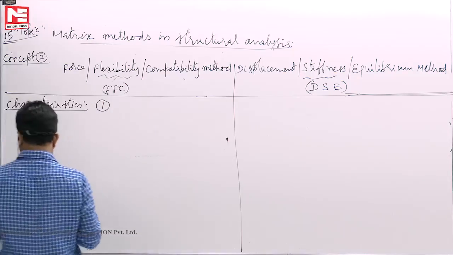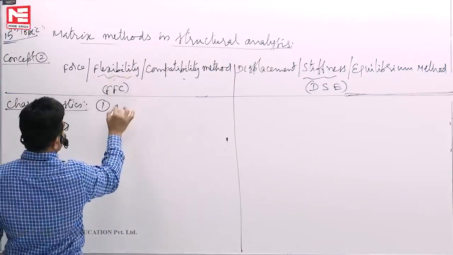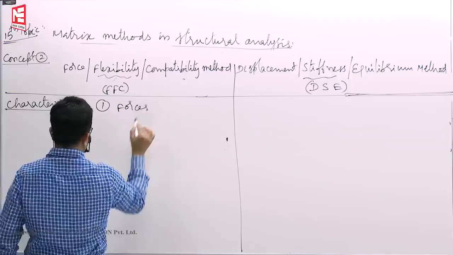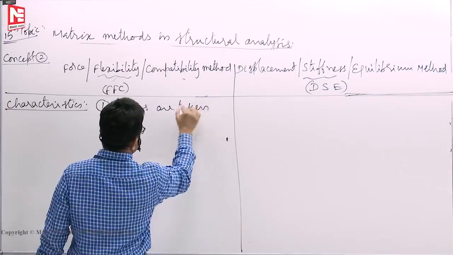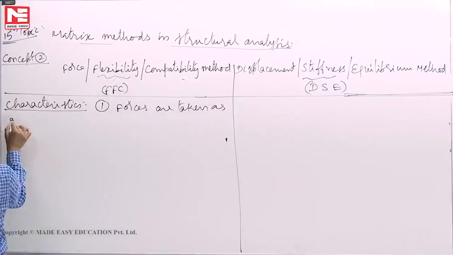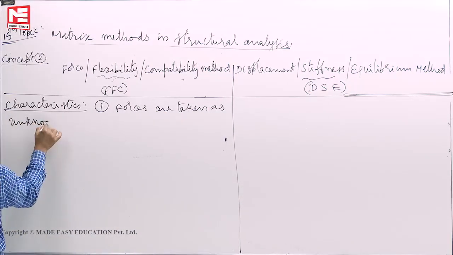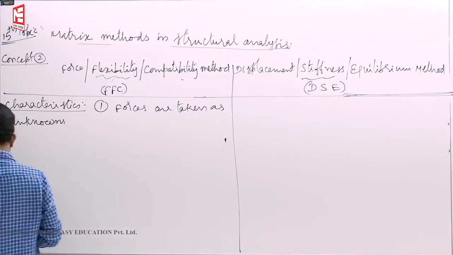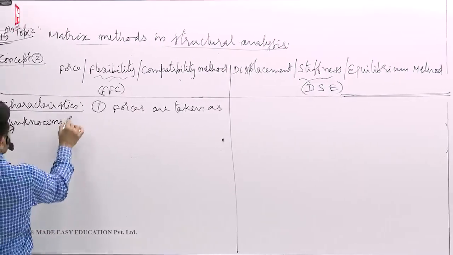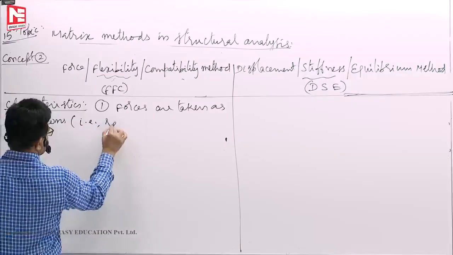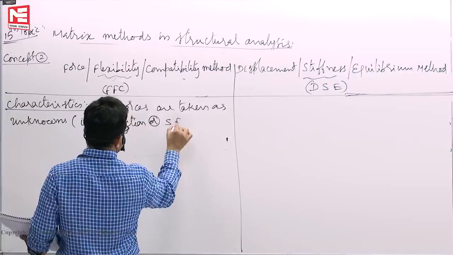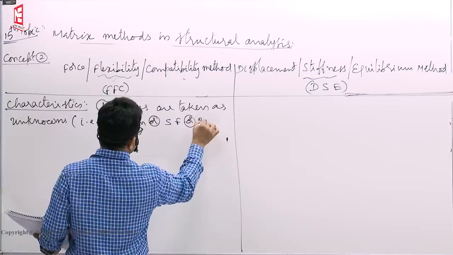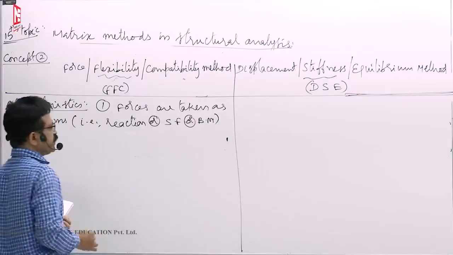First one. In this, forces are taken as unknowns. Forces means what? That is reaction or shear force or bending moment. Any one quantity.